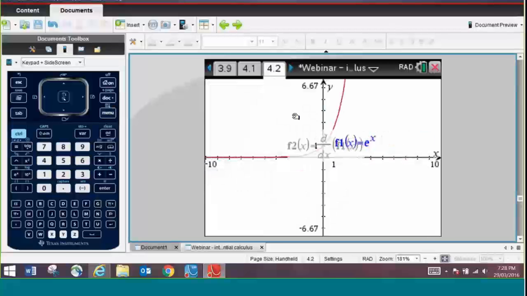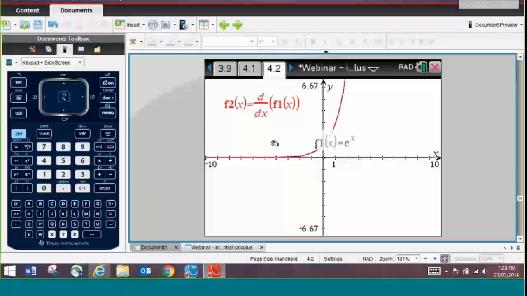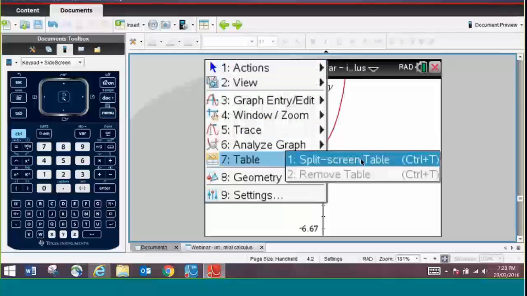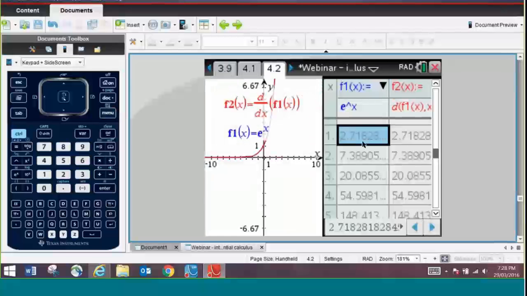Okay, so let me just put that there. So immediately you can see to the students that, well, we're looking at the same graph, it appears, but if we put that table in, we can see that the values are identical as we go through.